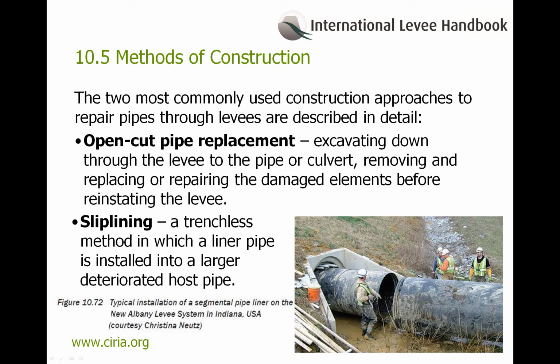Slip lining is a trenchless method in which a liner pipe is installed inside of a larger deteriorated host pipe. This approach may be used where the deteriorated host pipe generally retains its original internal geometry. Shown here is a photo of segmental slip lining installation.